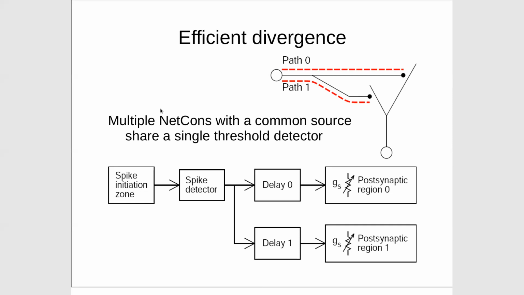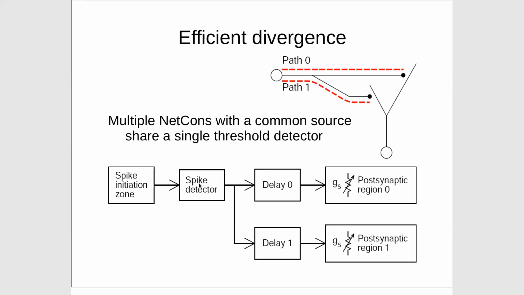Well, for one thing, it gets us efficient fan out. Because if we have a common spike source and multiple paths projecting to different synapses, we only need one spike detector watching that point, watching that spike trigger zone. And then we can have multiple NetCons watching that spike trigger zone.